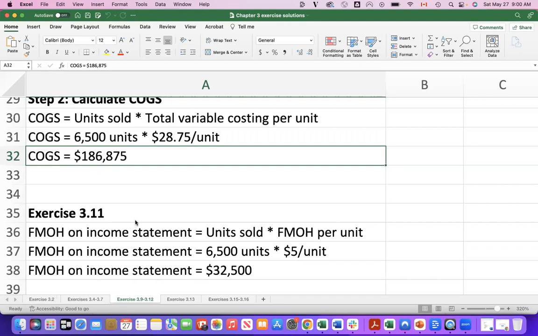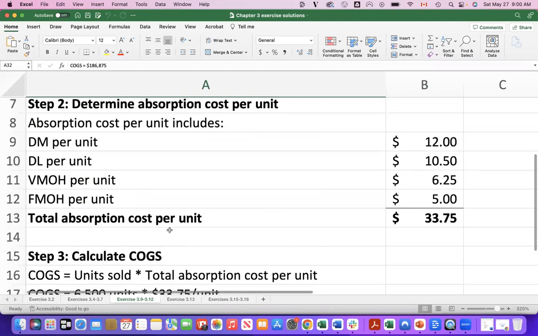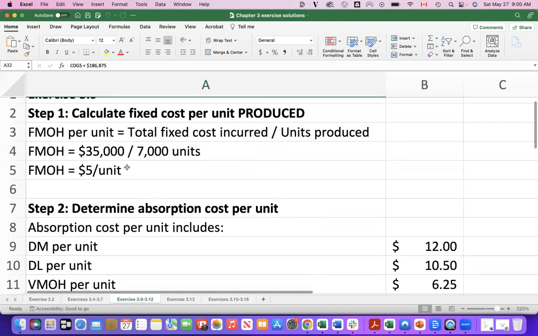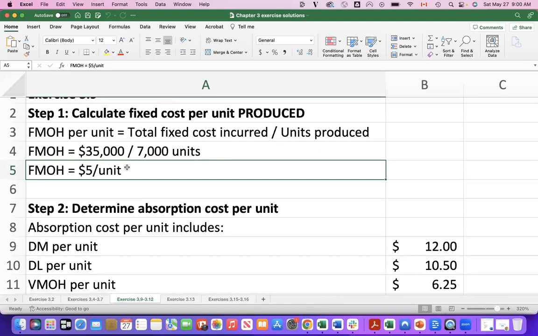And now you have to ask yourself, how do product costs end up on the income statement? Product costs only end up on the income statement when the inventory is sold. We calculated the fixed manufacturing overhead up top to be $5 per unit. That $5 per unit initially starts out on the balance sheet.